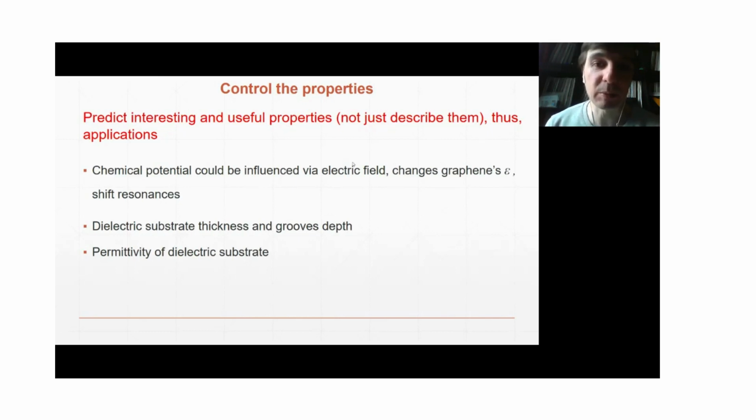The other geometrical properties that could be influenced under control are the dielectric substrate thickness or groove depth, and the dielectric permittivity. So the dependence on the incidence angle was also demonstrated, which I do not have here.